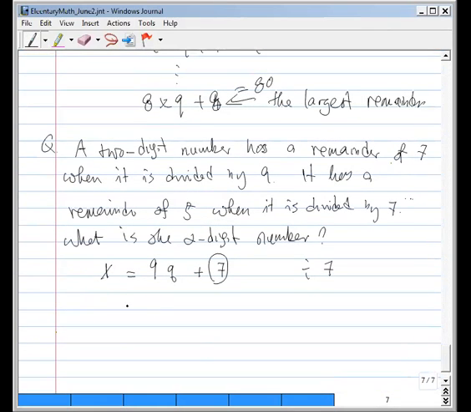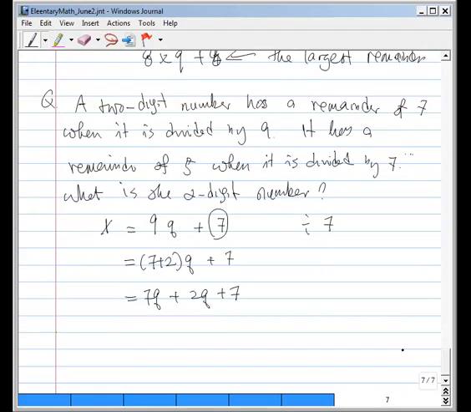What you really need to worry about is this. The 9 is going to be 7 plus 2, so you have 7q plus 2q plus 7. Now what really gives the remainder is determined by this part. It's not exactly the remainder, but it is supposed to be.